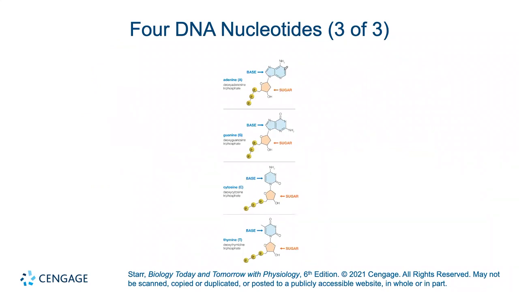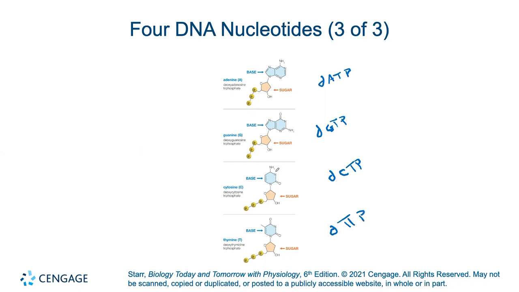So you can see here the different nucleotides, A, G, C, and T. Now, if we write these out, we would write these as deoxy ATP, deoxy GTP, deoxy CTP, and deoxy TTP.